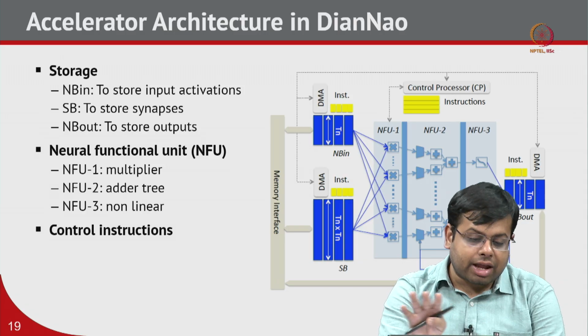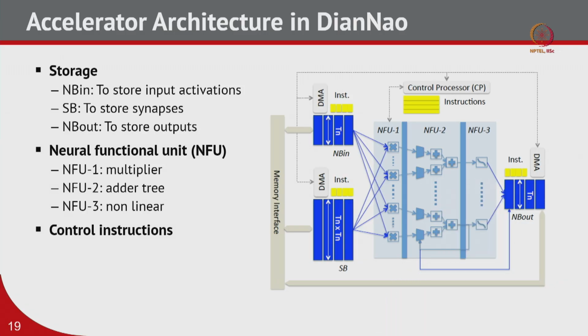At a very high level, the DianNao accelerator architecture has some storage. NB in stores the inputs, SB stores the synapses, and NB out stores the partial sums, the outputs. On the computation side, they call it the neural functional unit, the whole computation engine.